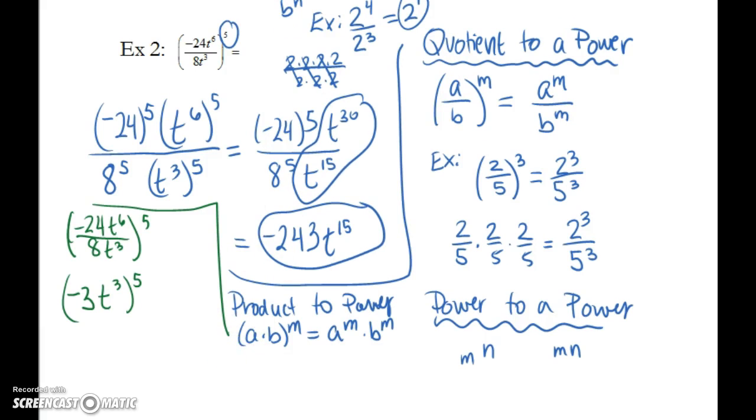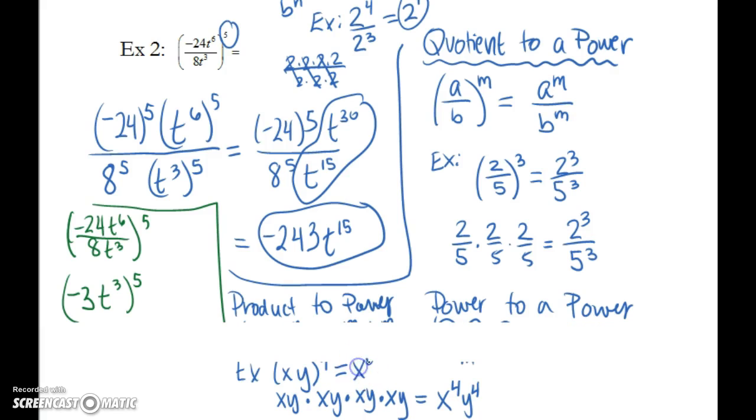So for example, if we have x times y to the 4th, this becomes xy times xy times xy times xy. And if we rearrange and condense, this becomes x to the 4th and y to the 4th. And so you can see our shortcut says, hey, we're just allowed to distribute that power and get x to the 4th, y to the 4th.